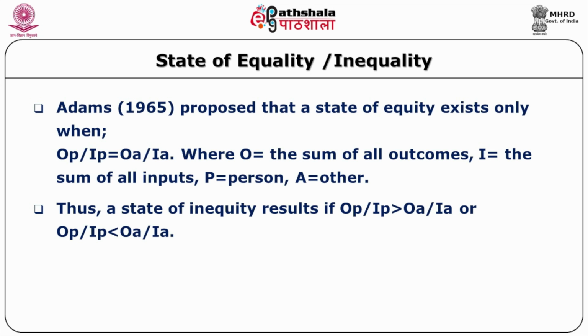And a state of inequity results if the ratio of output to input of the person himself or herself is less than or more than the output to input of the other person or persons. Thus, inequity results not only when a person is under-benefited but also when he or she is over-benefited.